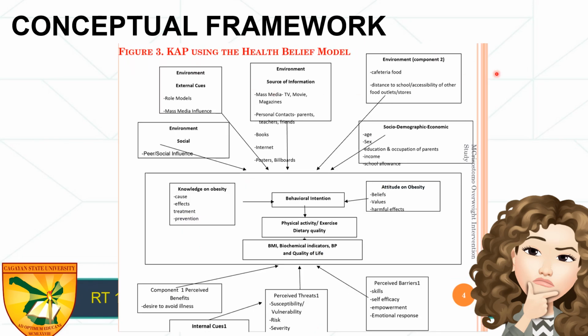So this is another one. This is knowledge, attitude, and practices using the health belief model. As you can see, we use here a conceptual framework, not a theoretical framework. We may have added beliefs, models, and theories here, but there are other concepts or variables that are added by the researcher. So we call it your conceptual framework.